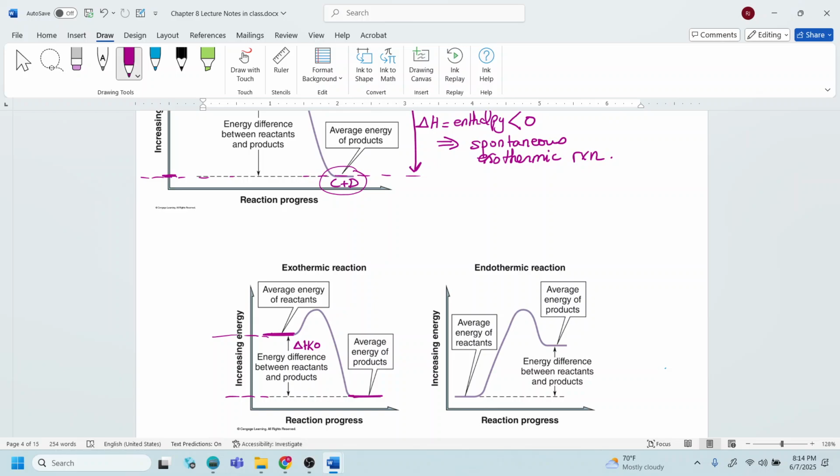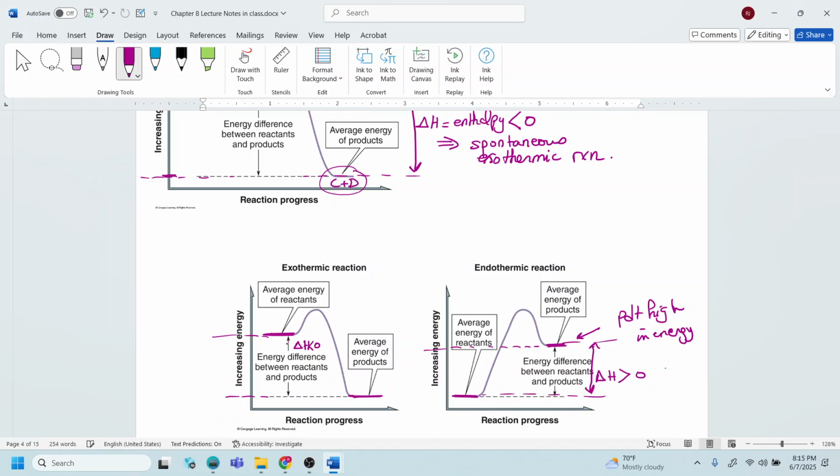Now for the endothermic reaction. For an endothermic reaction, the reactants are lower in energy than the products. See, here the products are high in energy. And this is going to cause the change in the energy of the reaction, which is delta H, to be positive.